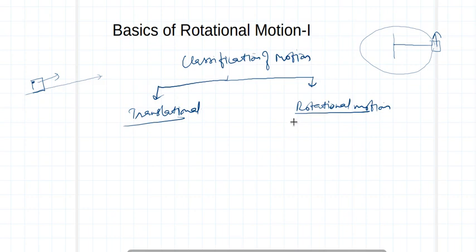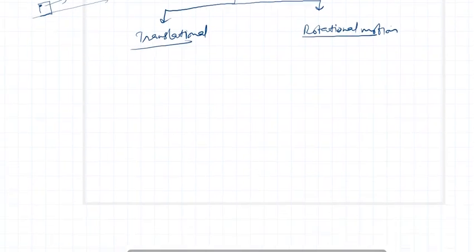Rotational motion is very important, and it helps to understand various concepts. For example, the first example is the motion of an electron.